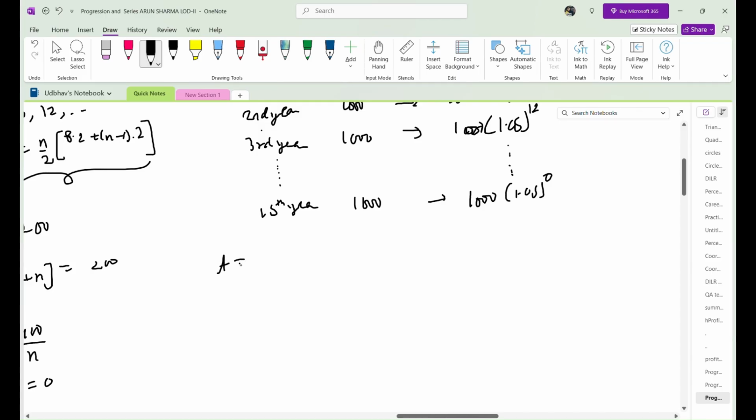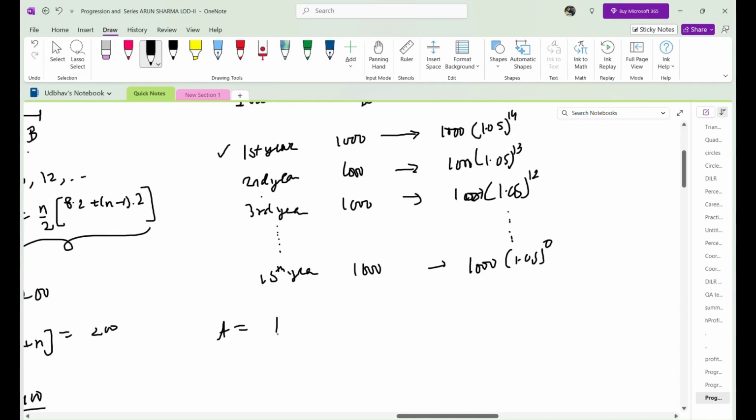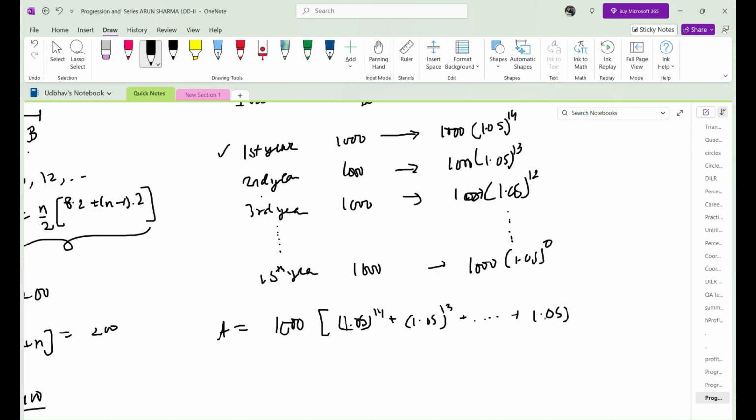Let's say the total amount is A, 1000. You can take 1000 common. 1.05 to the power 14 plus 1.05 to the power 13 up to 1.05 to the power 0.